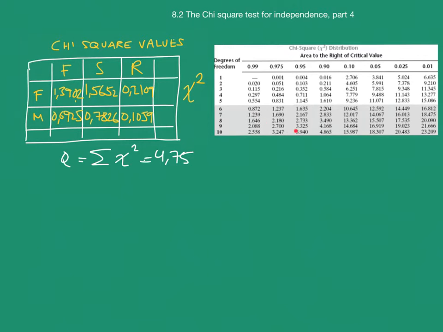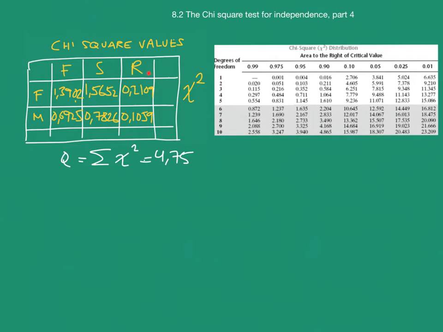So this table over here is a table of chi-square critical values. The first thing we need to do is look at our data table. Well, not this one really, but the one with the original data, and look at the size of it.